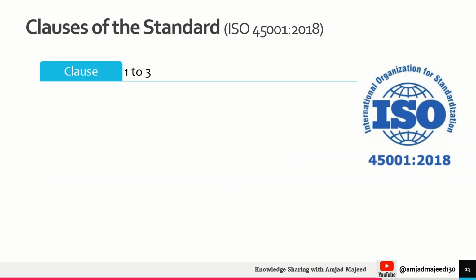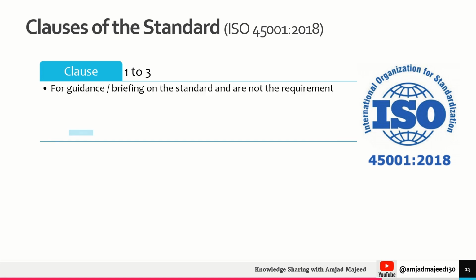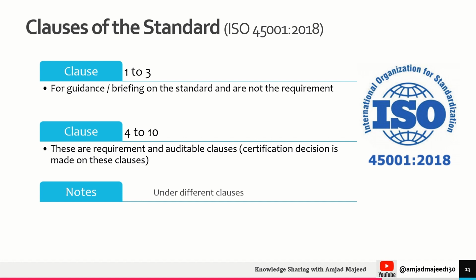Now, regarding the clauses of the standard, we discussed that there are 10 clauses. Clauses number 1 to 3 are not auditable. These are just for guidelines. If you are going for certification, your reference clauses will be from clause number 4 to 10. You have to establish your management system in reference to 4 to 10.